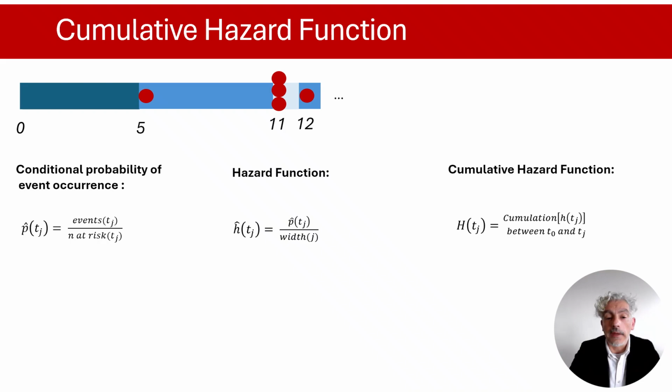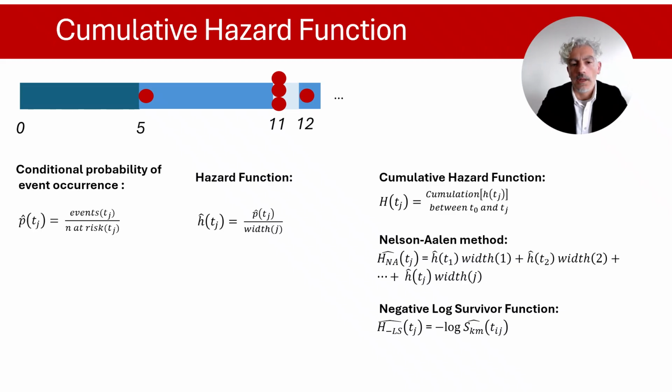And there are two ways to calculate the cumulative hazard function that I will now illustrate. The first and quite commonly used way is the Nelson-Aalen method. This method basically sums up the product of the hazard function and the interval width across all intervals from the first interval to the one of interest, here indicated as interval j.